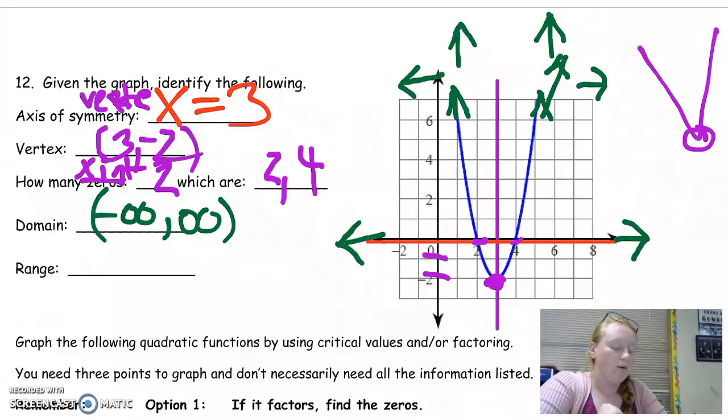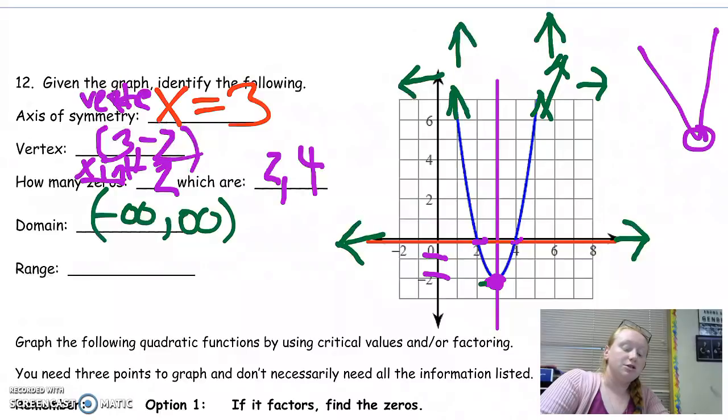Okay? My range. My range represents my y's. That's how far up and down it goes. The weird thing is in English, we always say the up first instead of the down because we assume that we start at the down to begin with. So like when you jump, you started at the down, but we don't have to say anything about that because we already assume it.